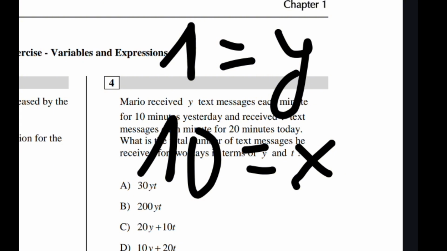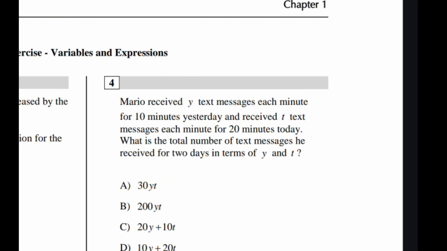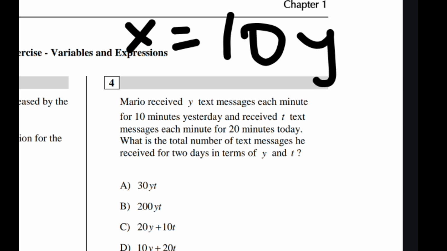To know the number of text messages received in these 10 minutes, x equals y times 10, that is 10y. Therefore for the 10 minutes, that will be 10y. He received 10y messages yesterday, that is for a day. For that day, the total will be x. He received 10y messages.